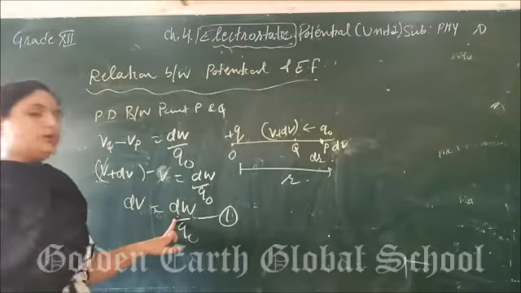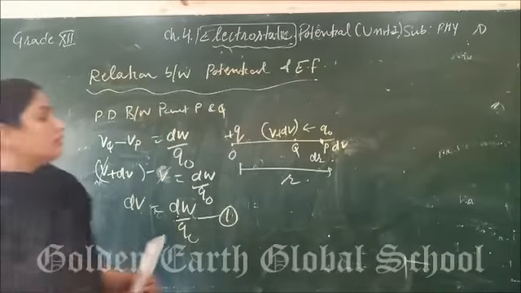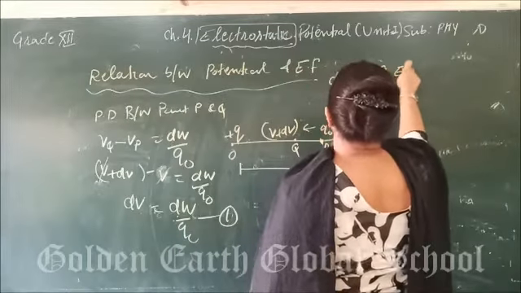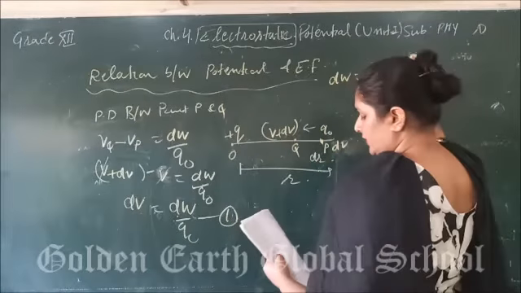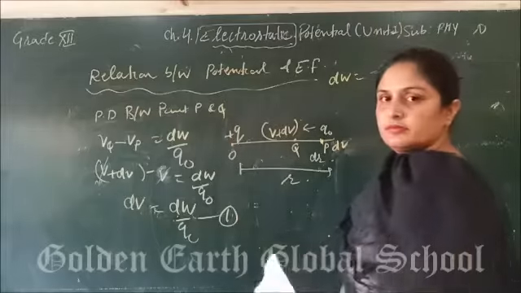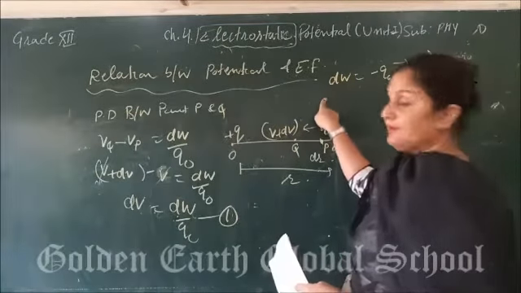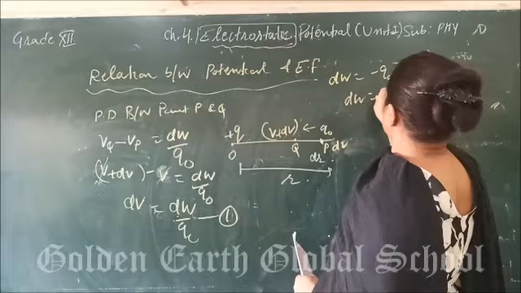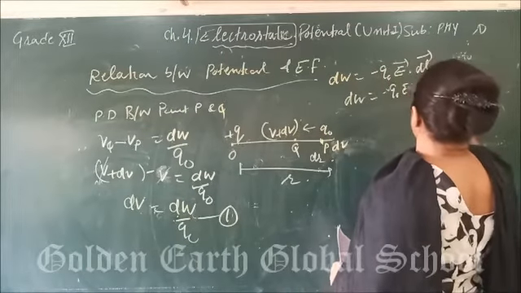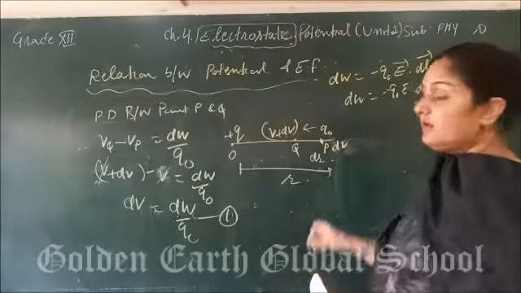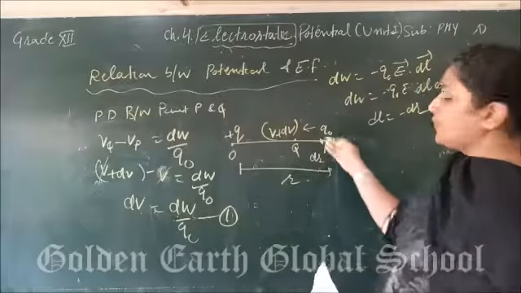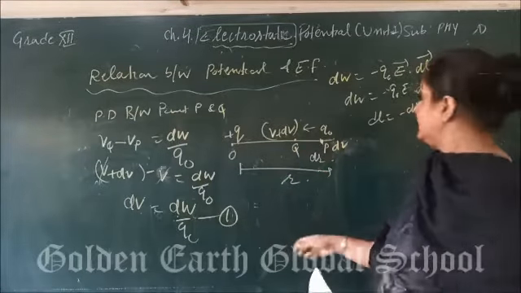Now next we have to calculate the work done. Work done will be equal to minus Q naught E dot dl, since we have applied force. So dW will be equal to minus Q naught E dl cos 180 degree. Next we put dl is equal to minus dr, because from point P to Q, r is going to decrease.